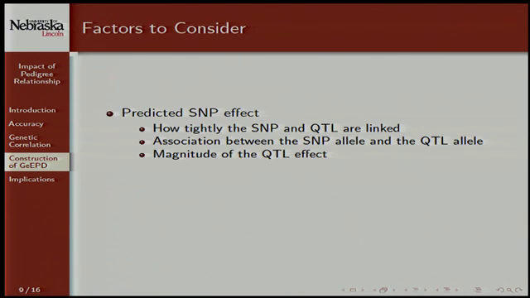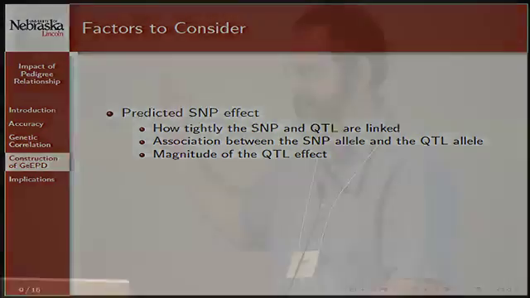So we're taking a look at that predicted SNP effect. Remember that it's going to depend on how tightly the SNP and QTL are linked. If they're tightly linked, the more generations this is going to last, the farther that pedigree relationship can get apart and still work well. It's going to depend on that association between that SNP allele and QTL.